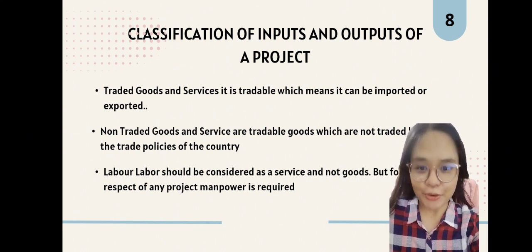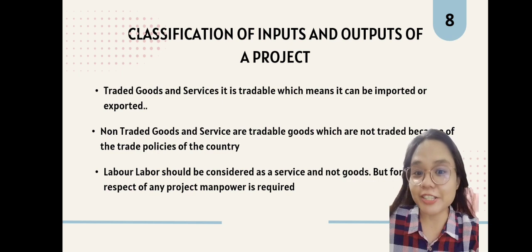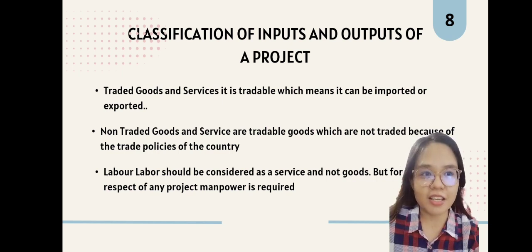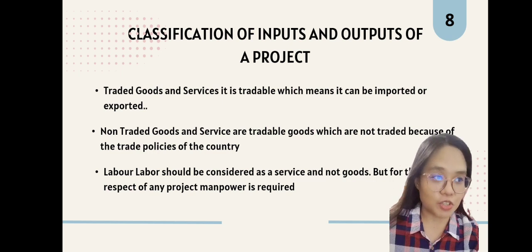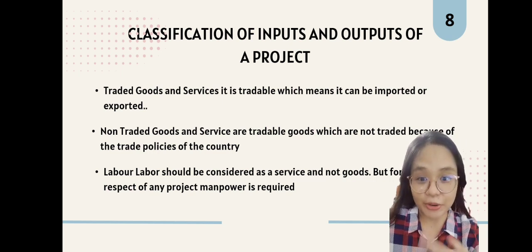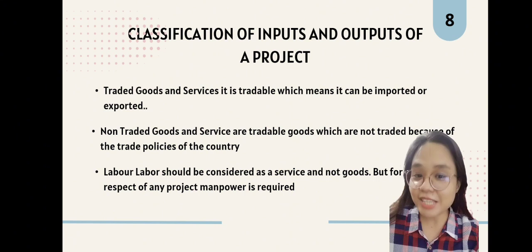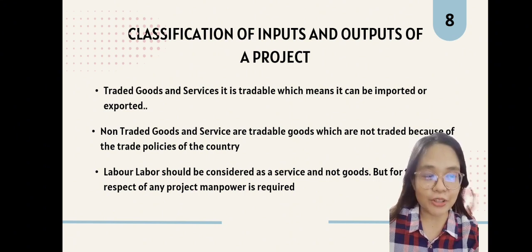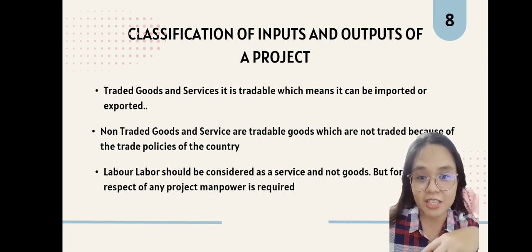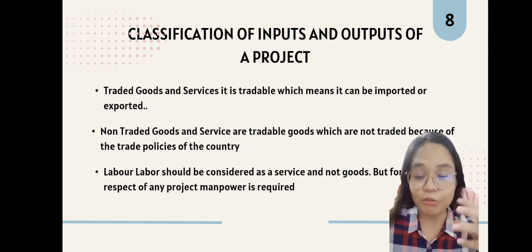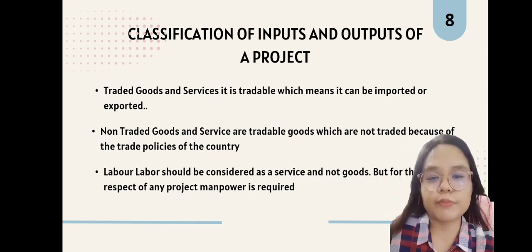When we say imported, for example, chocolate: imported chocolate means the chocolate comes from another country and enters our country. And when we say exported, for example, our coffee: we exported the coffee that we grew and cultivated, and we transported it to another country.